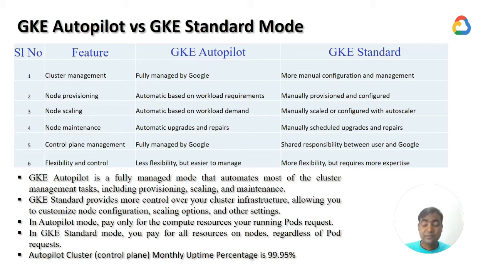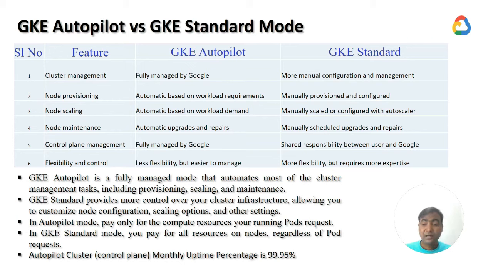Guys, teams that have specific infrastructure requirements or want more fine-grained control over their cluster. Teams that have experience with Kubernetes and cluster management. Teams that have workloads with variable and unpredictable resource requirements. Guys, these are the same cases.